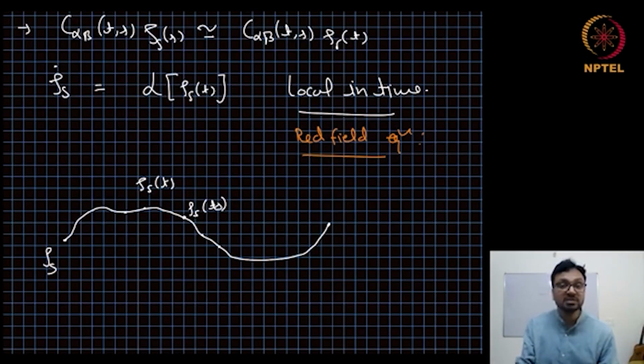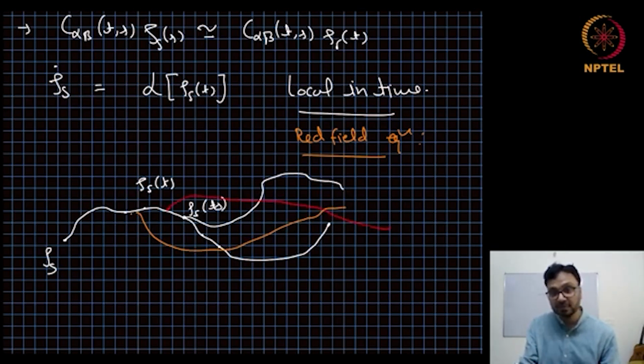But the Redfield equation in general does not satisfy this condition. In the Redfield equation, if we start from state rho_s(t0), it might take something else, some different trajectory altogether. Similarly, from some other point, if we start, we'll reach somewhere else. If we start from a third point, we will go somewhere else.